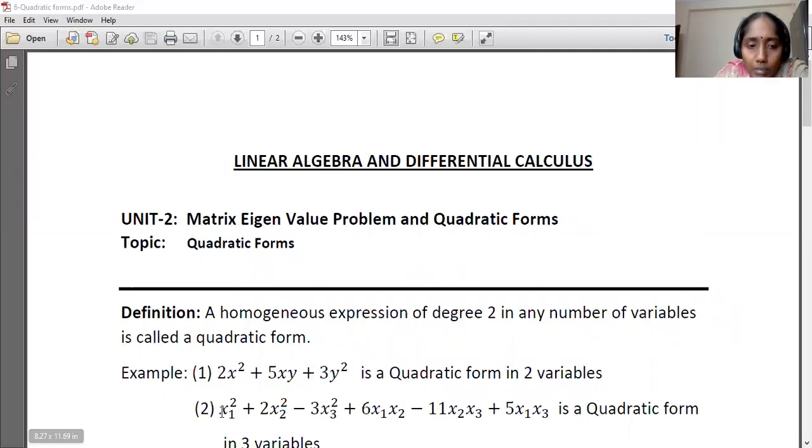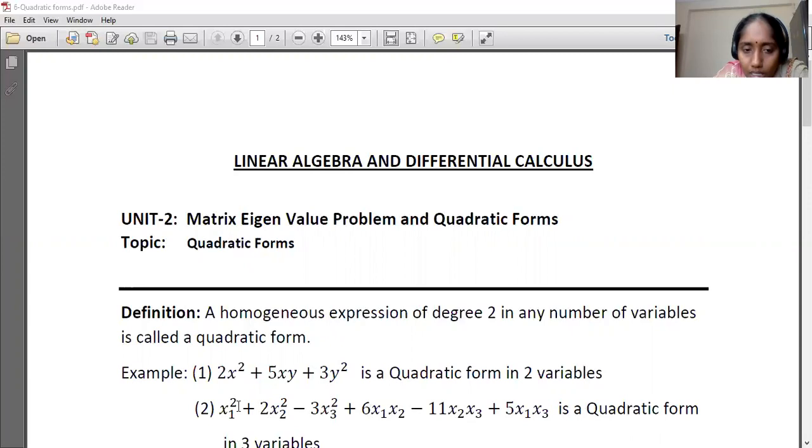The next example, x1² + 2x2² − 3x3² + 6x1x2 − 11x2x3 + 5x1x3, is a quadratic form in three variables.